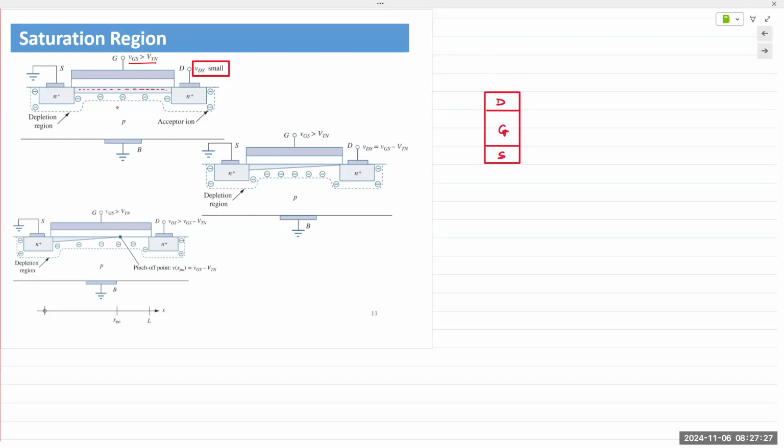We have a voltage between the drain and the source. We also have a voltage between the gate and the source.